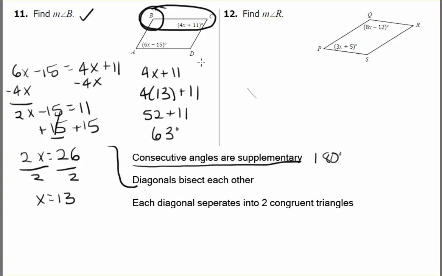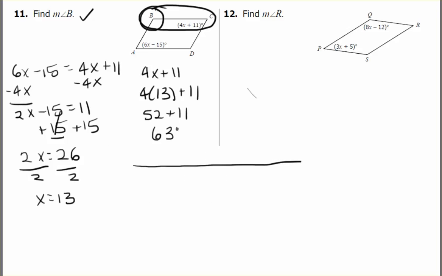So that means those two angles are going to add to equal 180. So then what I can do is just subtract 63 from 180, and that'll give me what angle B is. So I get that angle B equals 117 degrees.